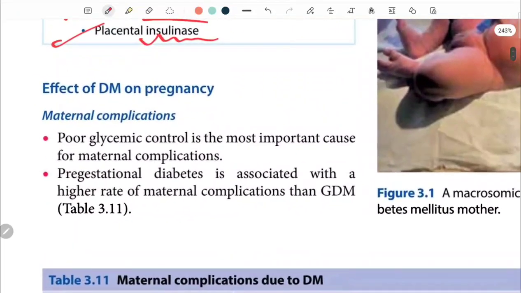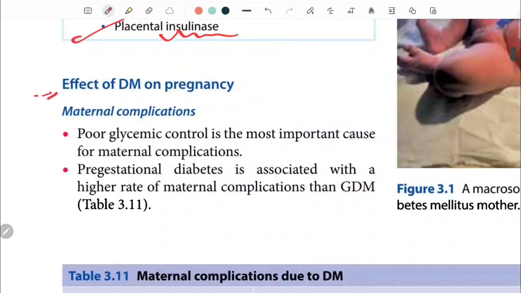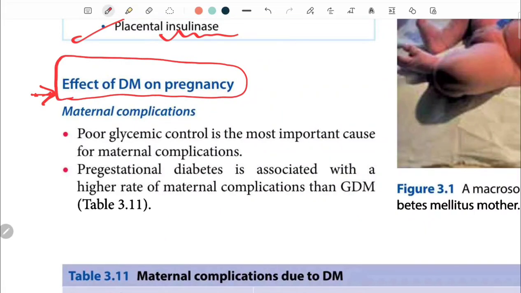Now what is the effect of diabetes mellitus on pregnancy? First, coming to the maternal complications. Poor glycemic control is the most important cause for most of the maternal complications.